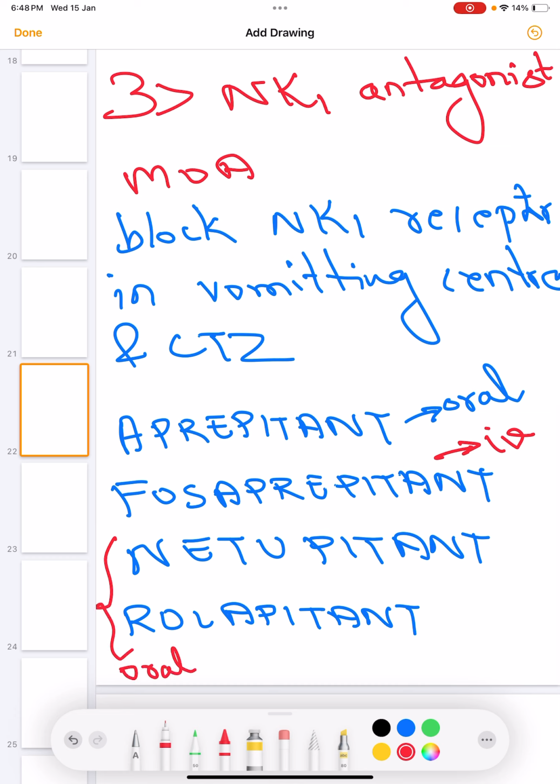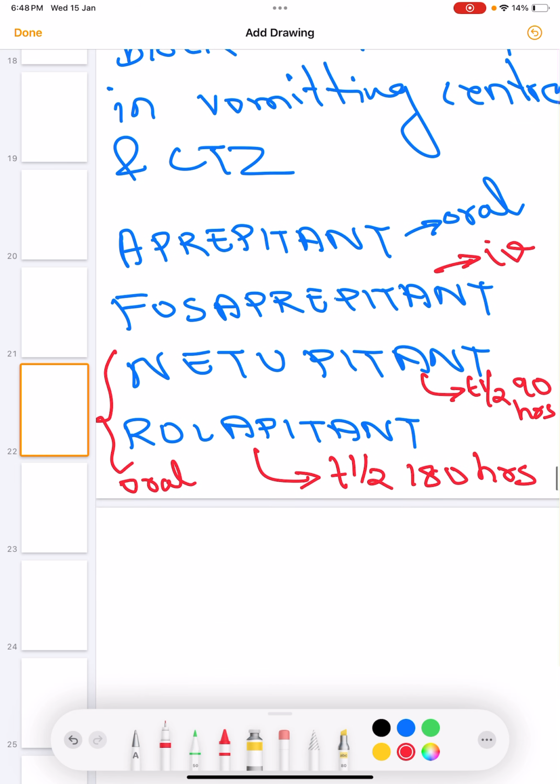Now netupitant has a half-life of 90 hours, while rolapitant has a half-life of 180 hours. So these have very long half-lives and they are used as a single dose for chemotherapy-induced nausea and vomiting.